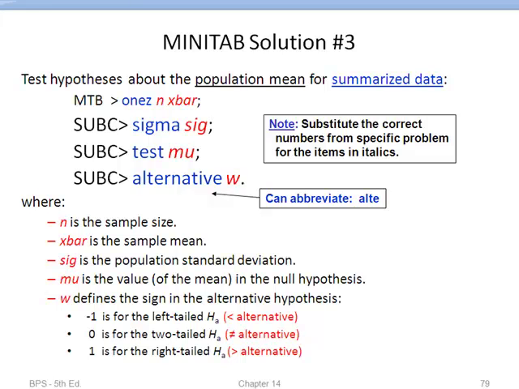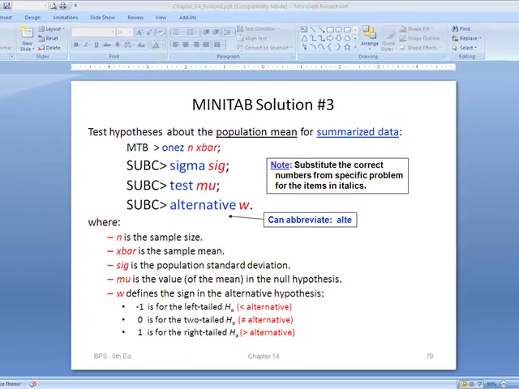And if it's a two-tailed test, you put 0. So let's see the problem that we just did. We had an N of 35, an X bar of 55, our null hypothesis value was 60, and the alternative, because it was a two-tailed test, would be 0.